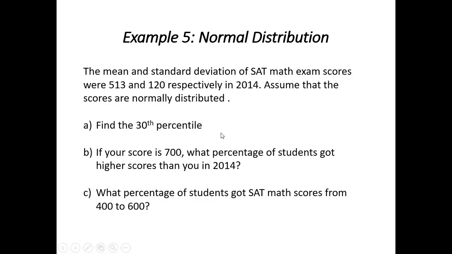So let's say we're asked to find the 30th percentile, part A. Part B, if the score is 700, what percentage of students got higher scores than you in 2014? And C, what percentage of students got SAT math scores from 400 to 600?